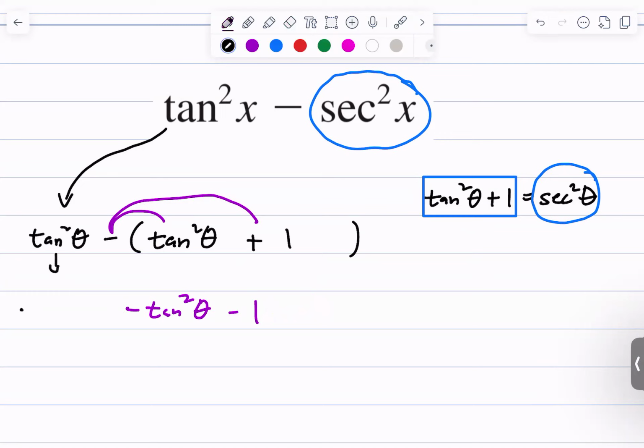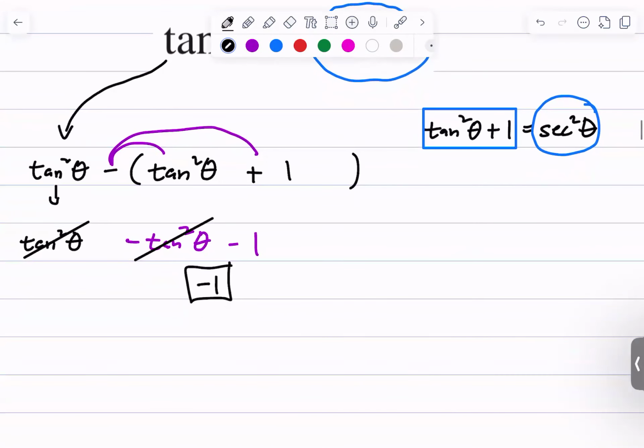Dropping this one down. Tangent squared minus tangent squared, they cancel out, leaving negative 1. Okay? Questions? No?